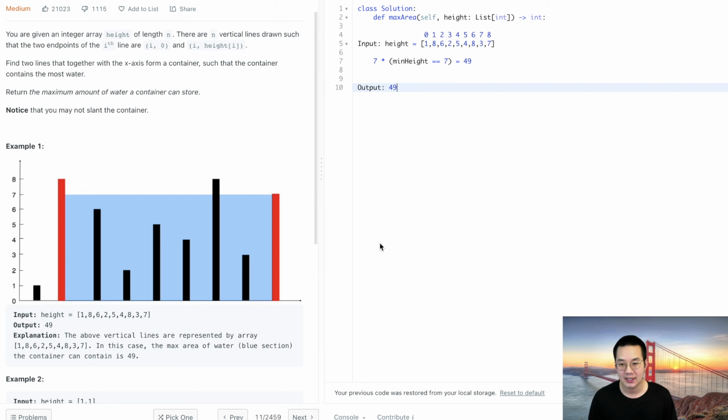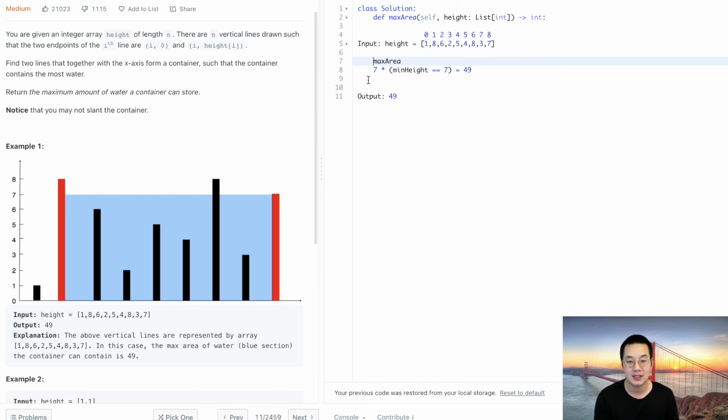So it looks like it's a sliding window type problem, and what we're going to do is get the max area, and afterwards we will try to get the next max area by looking closer and closer together until the left and right pointers cross.